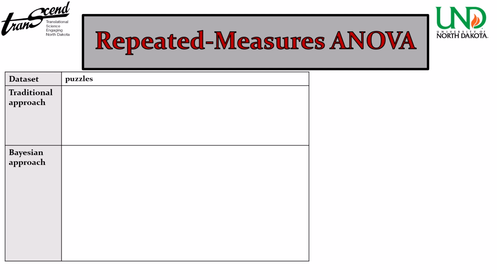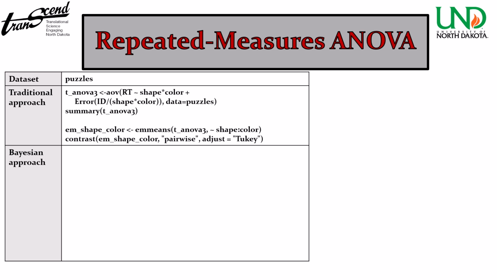I'll use the data set puzzles. These are puzzle completion times across a couple of characteristics. So we're going to use shape and color. Here, R is, I think, response time, and shape multiplied by color means shape, color, and then the interaction term.